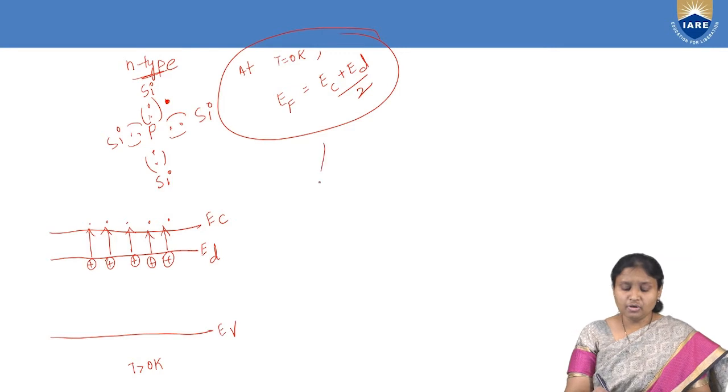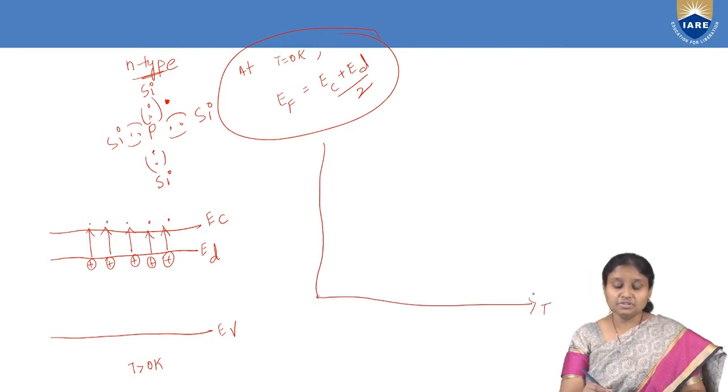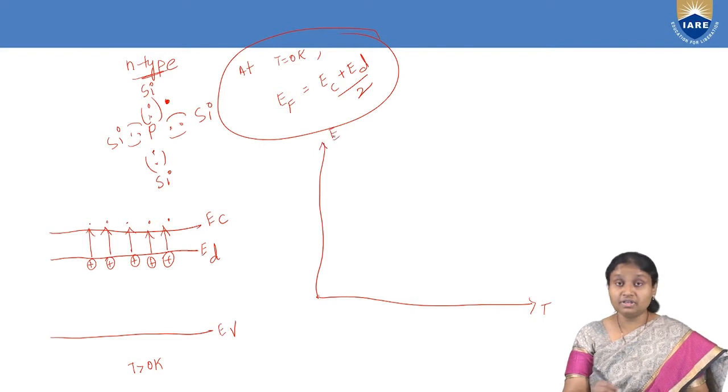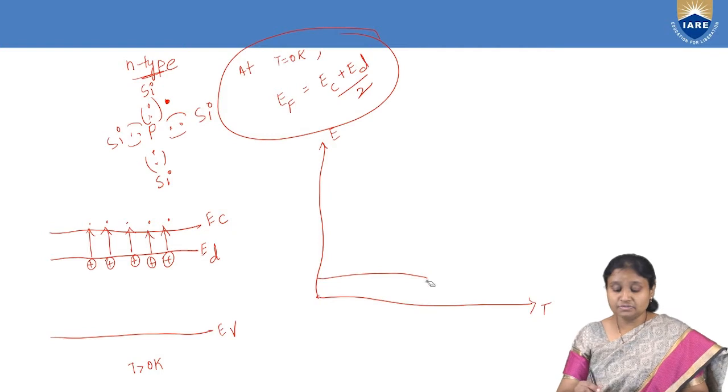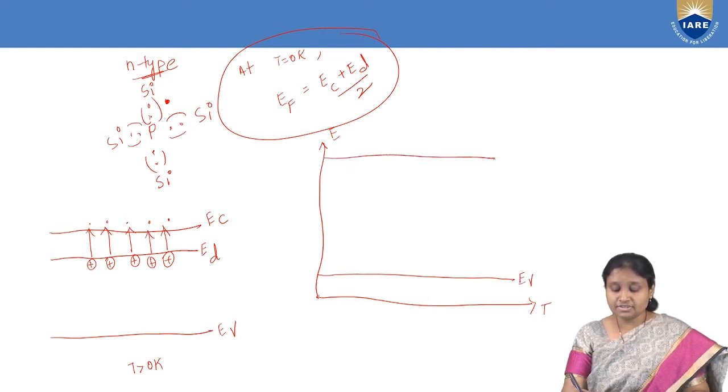Now, when we talk about variation of Fermi level with temperature, I am taking temperature on the x-axis, and different energy levels on the y-axis. So here we have our valence band, and of course this is our conduction band.